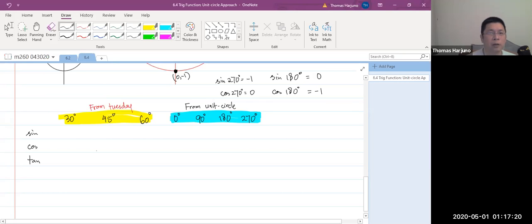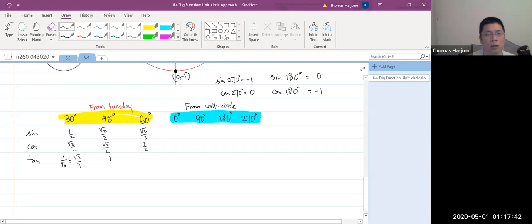Let me fill it up. This is 1/2, radical 2 over 2, radical 3 over 2, radical 3 over 2, radical 2 over 2, 1/2. This is 1 over radical 3, which is radical 3 over 3.